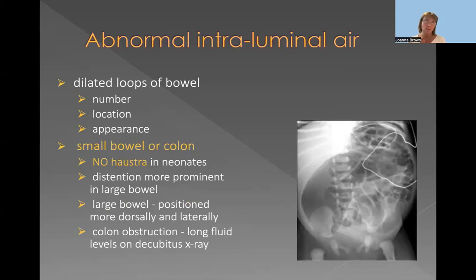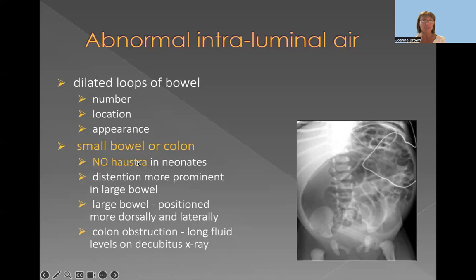Now, how can we make the differential diagnosis between the small and the large bowel? Babies, especially newborns, have a slightly different structure of the bowel to adults. On the X-ray and in real life, there won't be any haustra in the neonates.